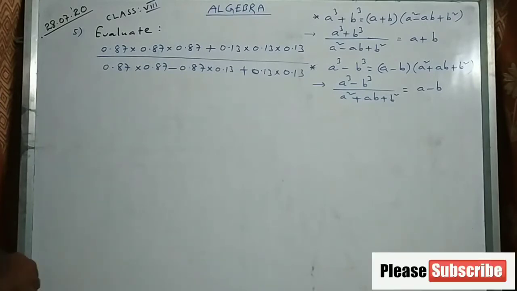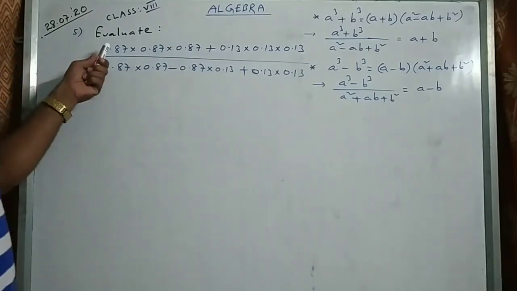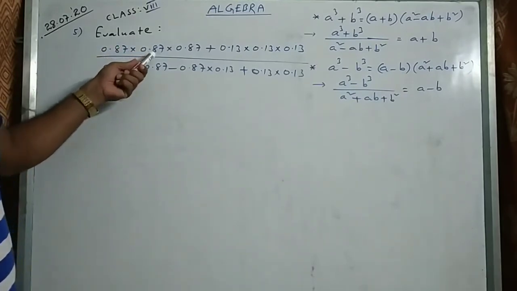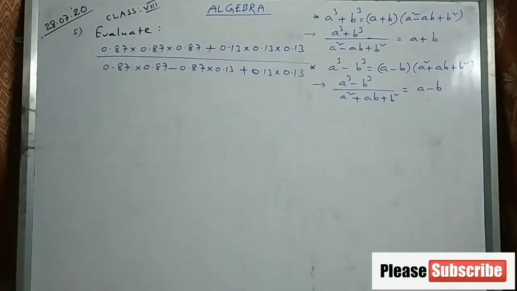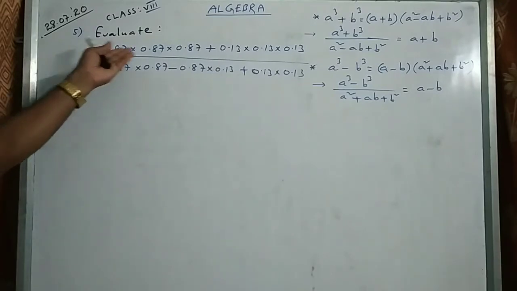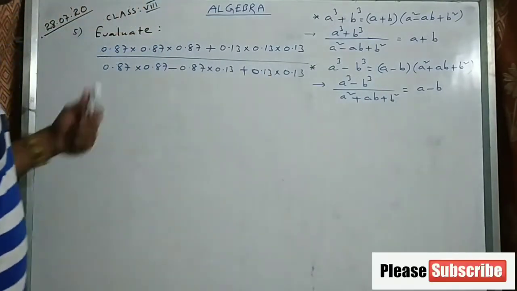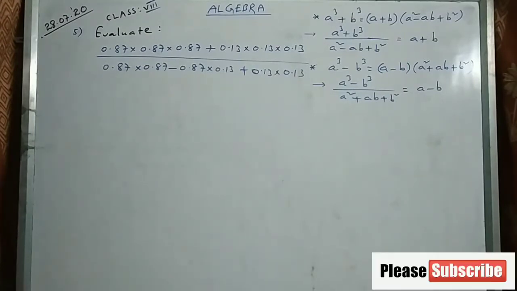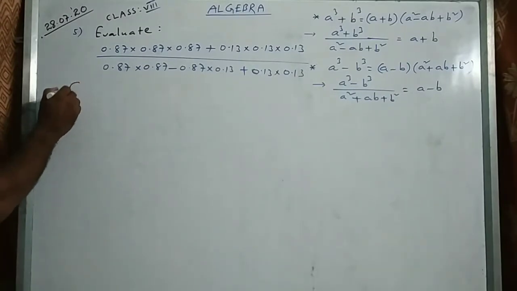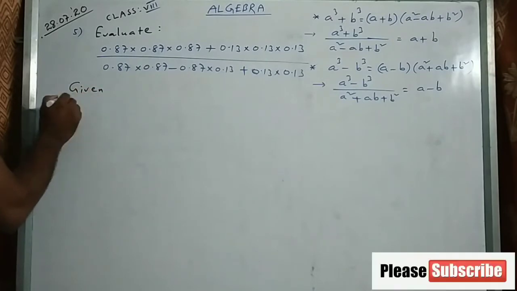What is the advantage of the formula here? Because to calculate 0.87, 0.87, 0.87 it takes more time because it is too lengthy. By using this formula it is very easy to calculate, right? So it is clearly understood what is the form of this.